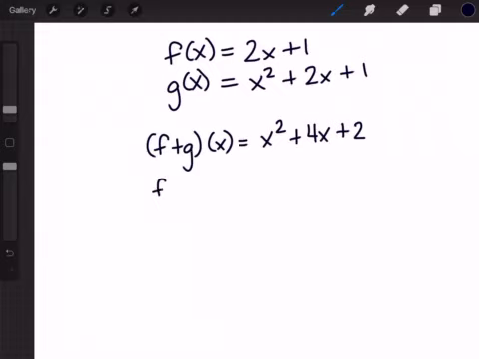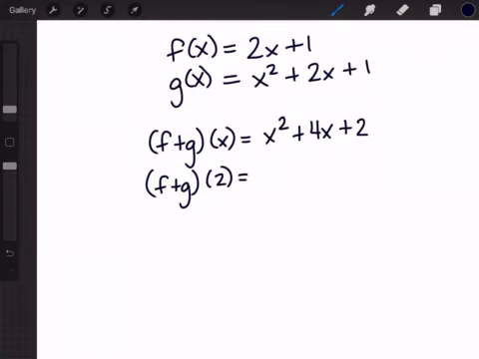Well, if I do the same operation, f plus g, and instead of x, let's say I want to put a 2 in there, then wherever there was an x, now I'd put a 2. So I'd have 2 squared plus 4 times 2 plus 2.